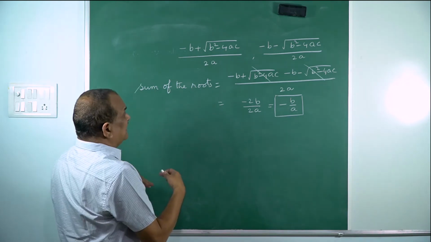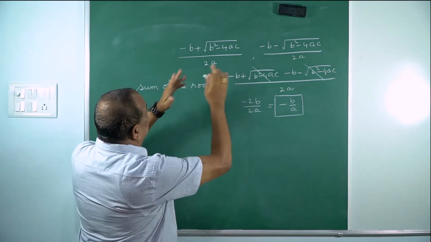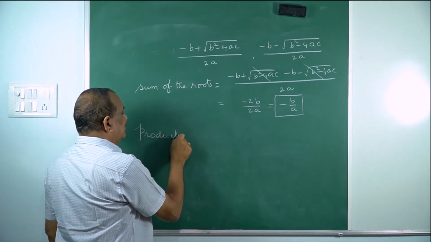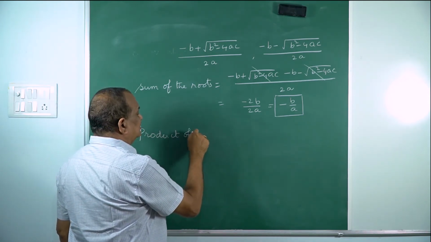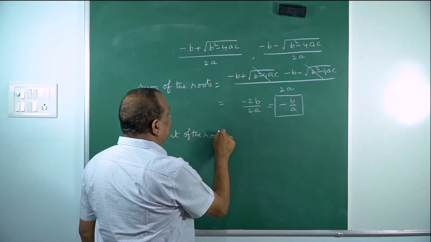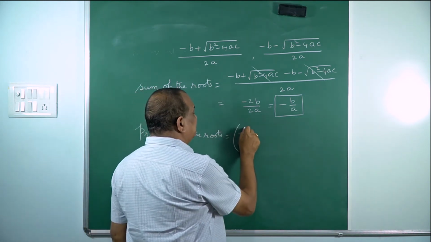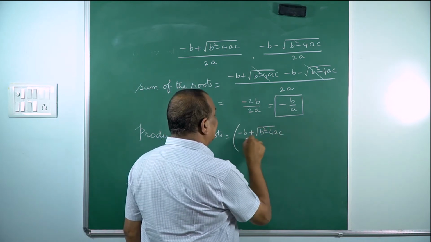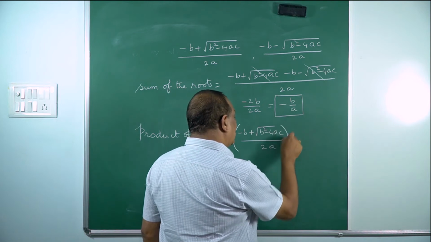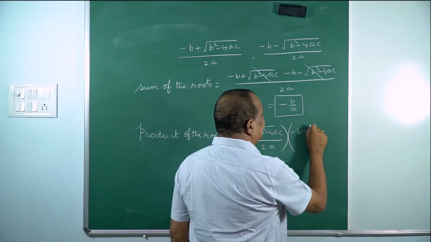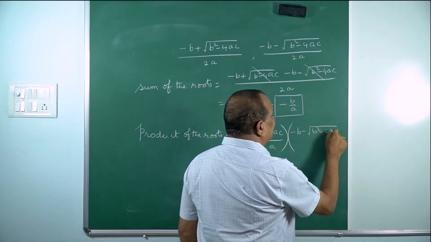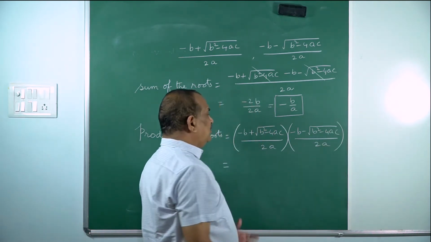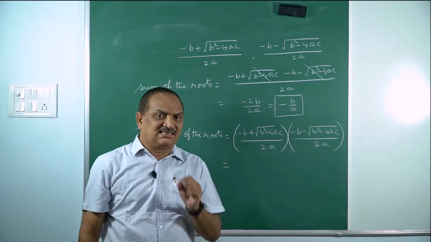And my next part is, I want to find the product of those 2 roots. Product of the roots. How should I multiply? I'll just see that minus b plus square root of b square minus 4ac by 2a should be multiplied with minus b minus square root of b square minus 4ac by 2a. Now, if you look at this multiplication, it's a strange multiplication.